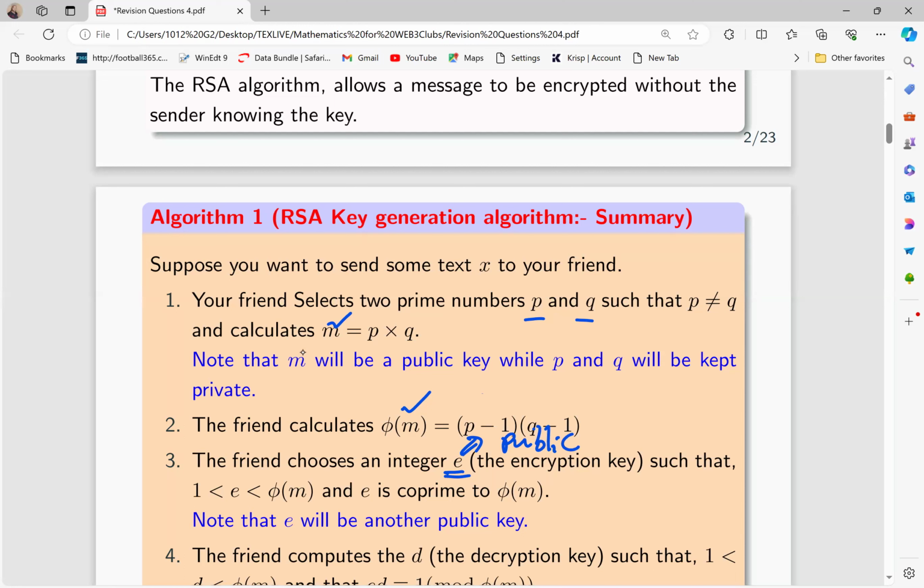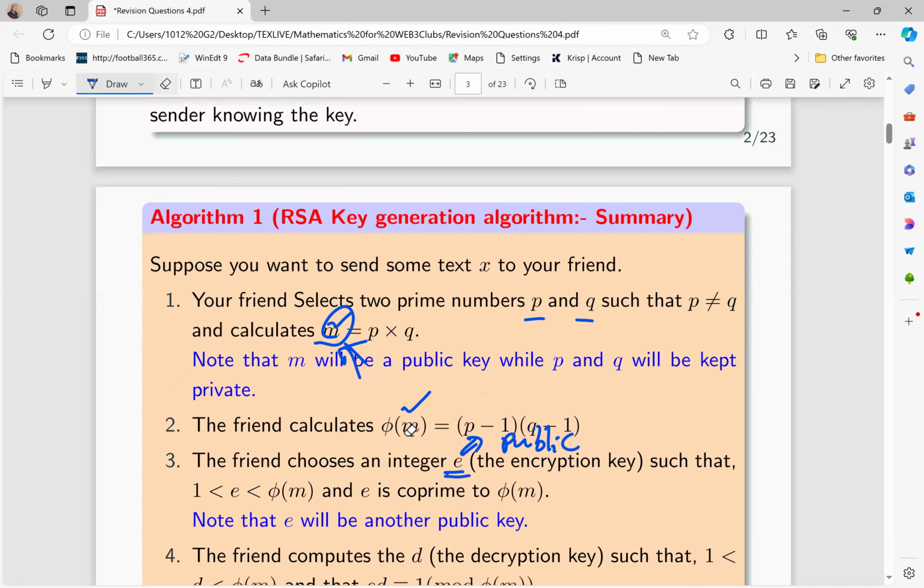The first key that was made public was M. M was made public. E will be made public. This E, he has just chosen as a number relatively prime to Euler phi of M. So your friend makes those two public.